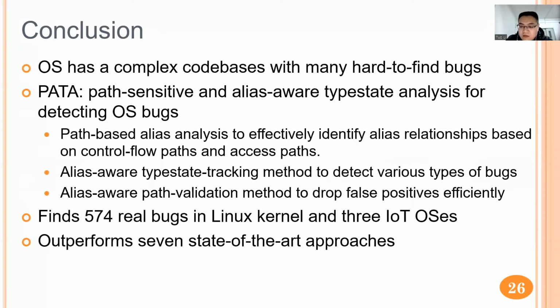An alias-aware typestate tracking method to detect multiple types of bugs. An alias-aware path validation method to drop false positives efficiently. We have evaluated PATA on the Linux kernel and 3 IoT OSs. It totally found 574 real bugs and outperformed 7 state-of-the-art approaches.